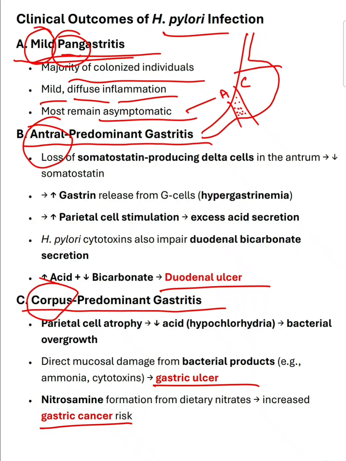Now again, before we go into that, let's review a little bit of physiology that we need to understand. In the antrum, there are a lot of D cells or delta cells that produce somatostatin, which is a hormone.